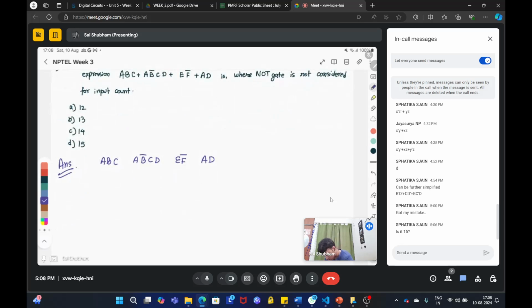So for this you need three input and you need four input, two input and two input, and then you will need four input, or this will be 3 plus 4.